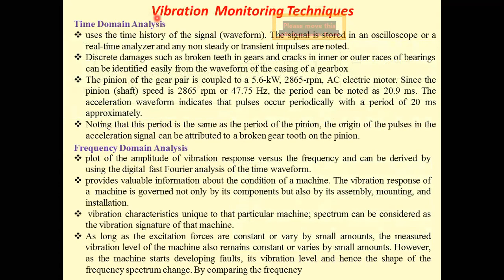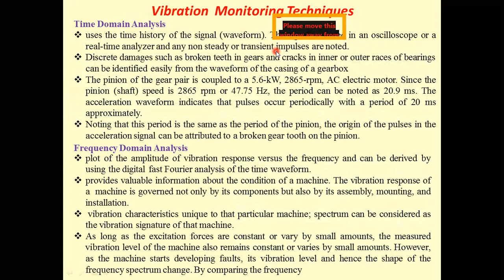What is the time domain analysis? It uses a time history of any signal or waveform. So the signal which is stored in an oscilloscope or in a real-time analyzer, and any non-steady or transient impulses can be noted.